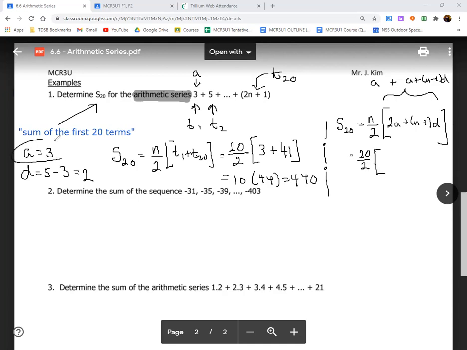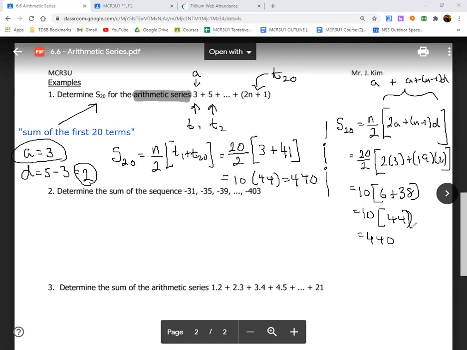My a value is 3, and my d value is 2. So 2 times 3 plus 19 times 2, which gives me 10 times (6 plus 38), which is 10 times 44, 440. Either way is okay.